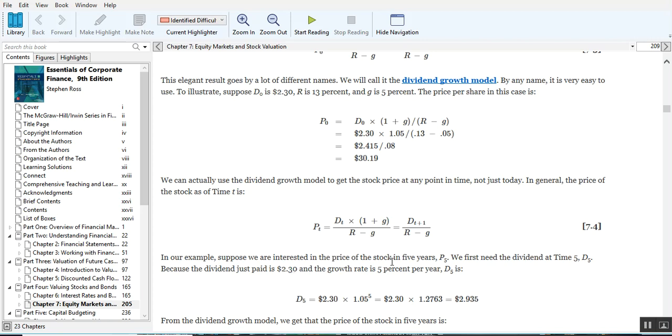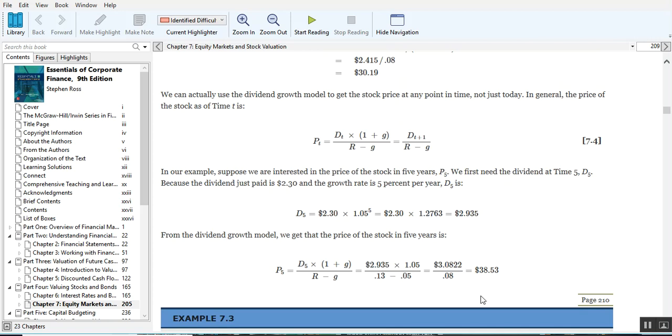After 5 years of growth, we're going to calculate the dividend. What that will be, it'll be $2.935 after 5 years. But using the dividend growth model, we can calculate the price of the stock by saying, okay, the price in year 5 is going to be the same thing as the dividend in year 5 times 1 plus the growth rate, divided by the required rate of return minus the growth rate.